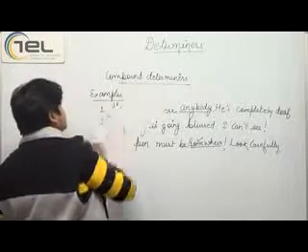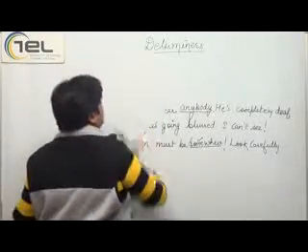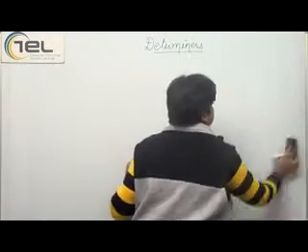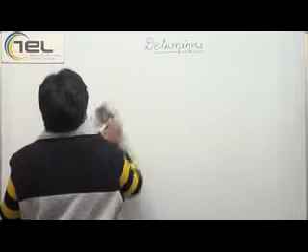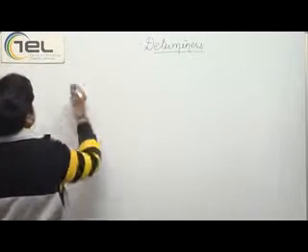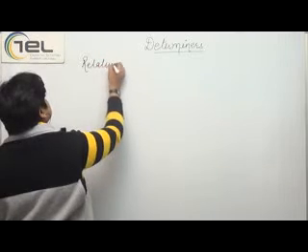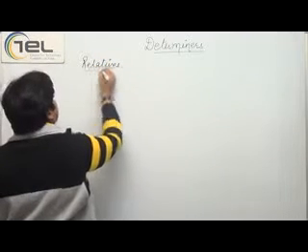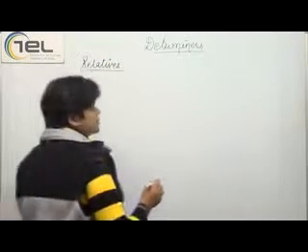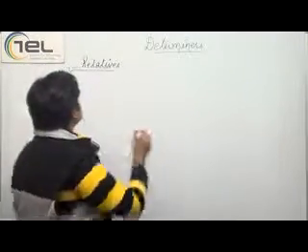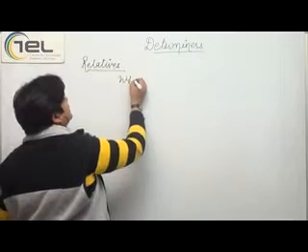Now the next classification that we were doing was of relatives. Relatives are the words, as I told you in the introduction, that are from the WH family.